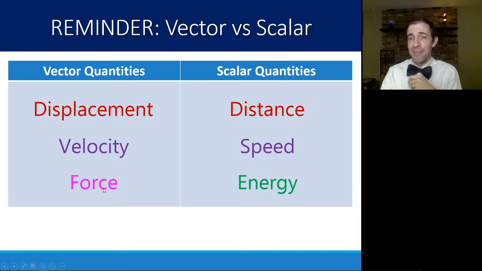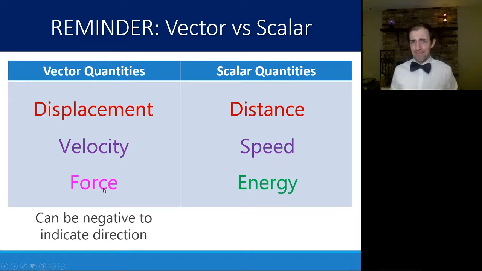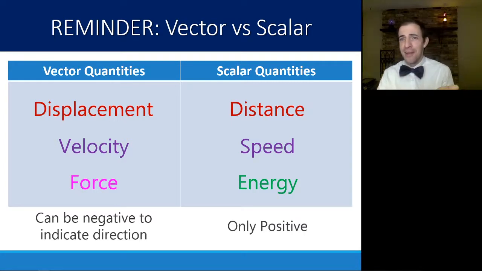Now we're going to be getting into the force side of things. And these vector quantities with a direction, we sometimes called negative because we said up is positive, down is negative, and we use the direction to help indicate the sign. Versus scalar quantities were always only going to be positive.